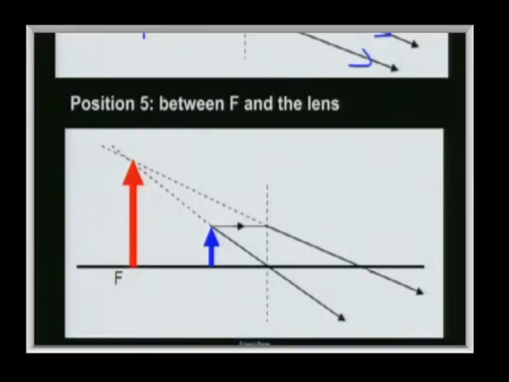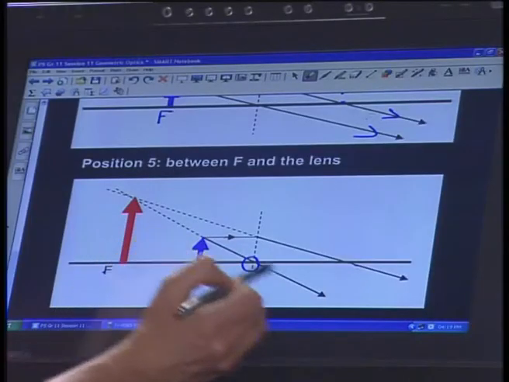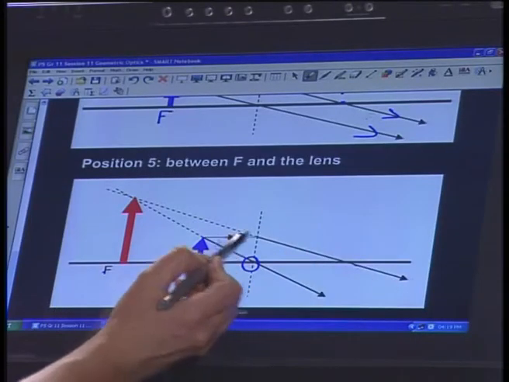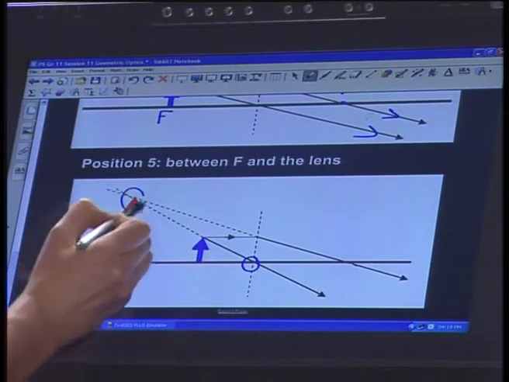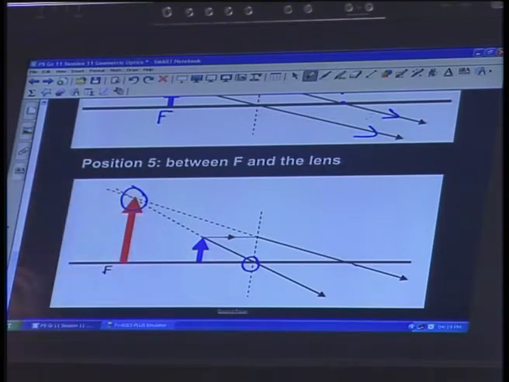If we look at the last one, and this is the most tricky one, we note that if we place the object between F and the optical center, so between our primary focal point and our optical center, the light rays pass through the lens, but they never meet. If we then extend the light rays backwards, so there's your object, the blue one, the light rays pass through your lens, and as we extend them backwards, at some point the light rays cross each other.